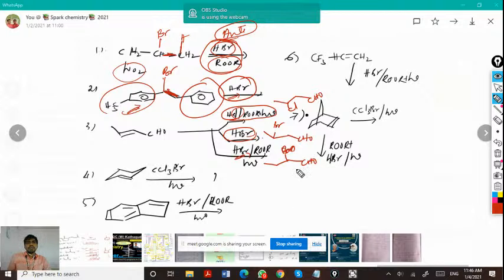You just need to see the vice versa, whether it is Markovnikov or anti-Markovnikov. If we are able to do the Markovnikov products, it will be very easy to do the anti-Markovnikov products, because you just need to make the reverse addition to those double bonded carbons.